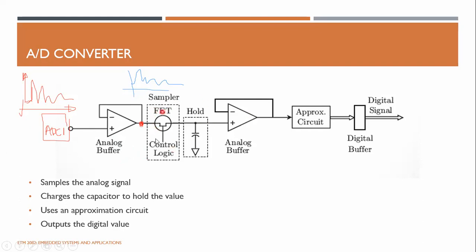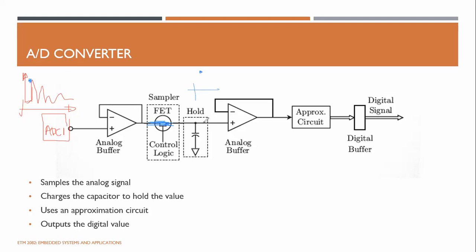And you need to have a sample and hold circuit, which means you sample the signal. So let's say this signal will charge through this FET. When this FET is on, it acts as a short circuit and keeps this capacitor charged to whatever the voltage is here, to this level. So the capacitor is charged here.